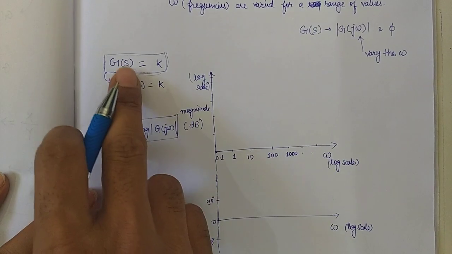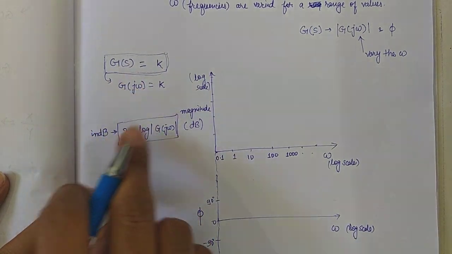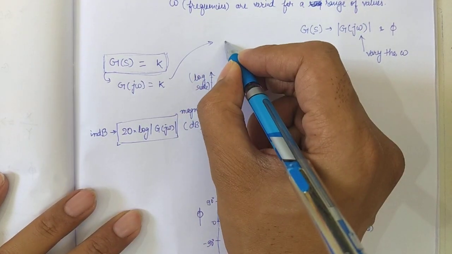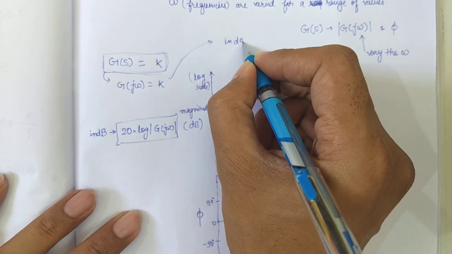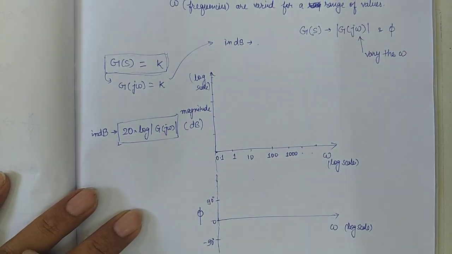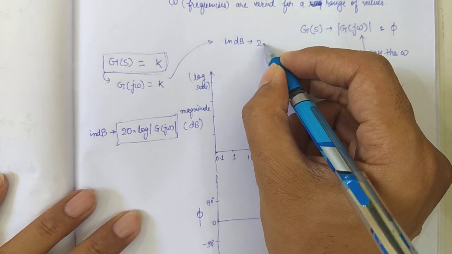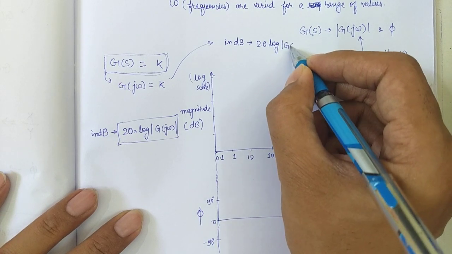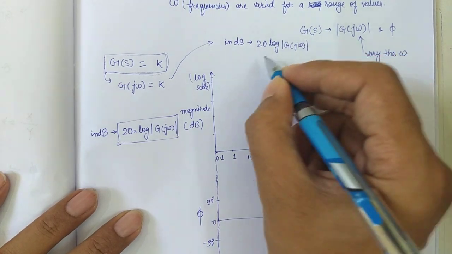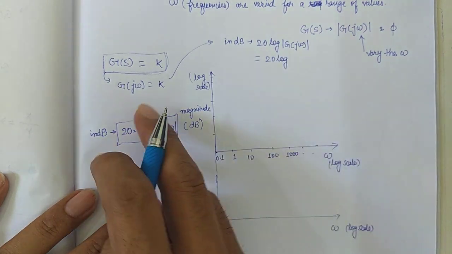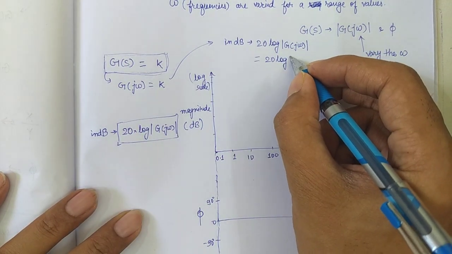Since we are taking this particular function, we are going to convert it into dB. In dB, we are going to write 20 times log of mod G j omega, which is nothing but 20 times log of mod K.